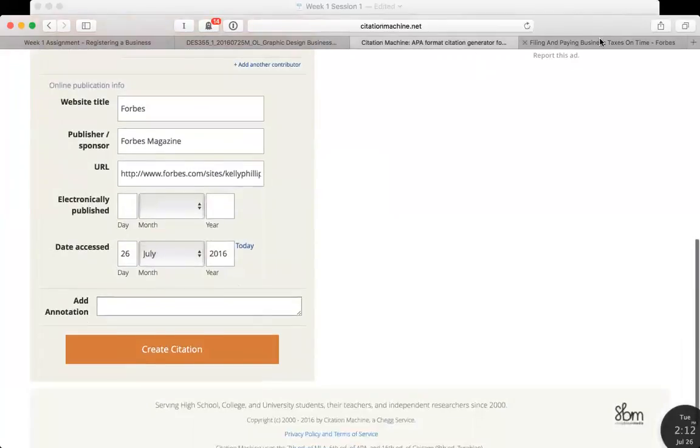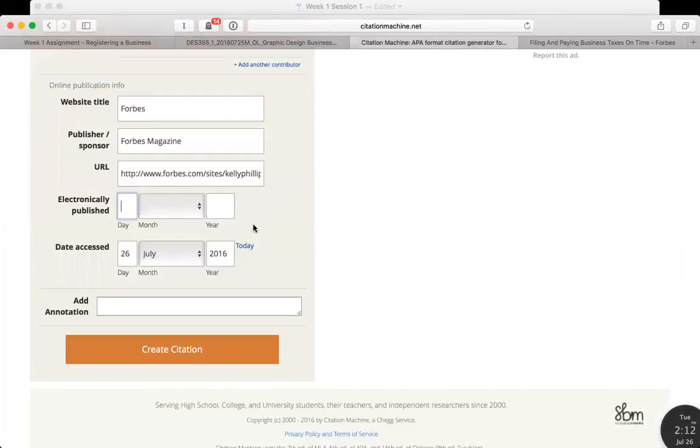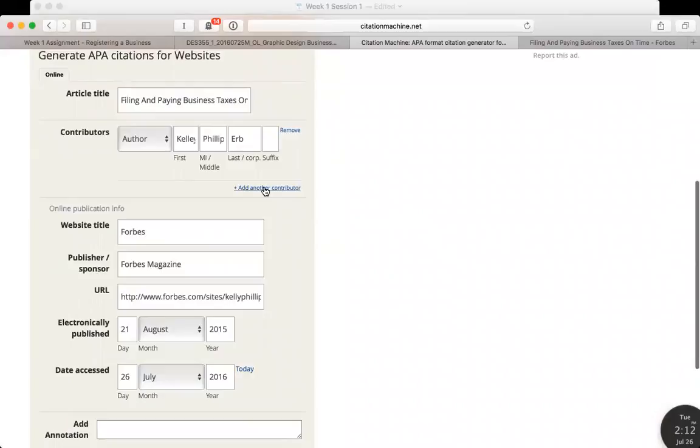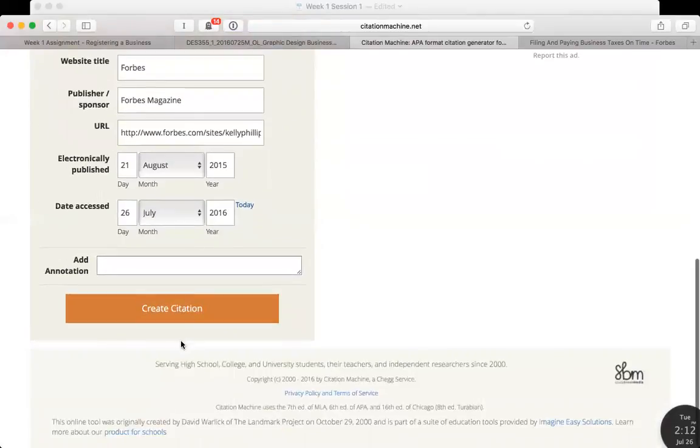Here's when it was published, so I can come in here and see, okay, this was from August 21st, 2015. And this is when I accessed it. And then if there's more than one author, you just click add another contributor, and it'll give you additional spaces for authors. And it's got different types of contributors if it was edited by someone or something. But anyway, once I have the information in there, I just say create citation.